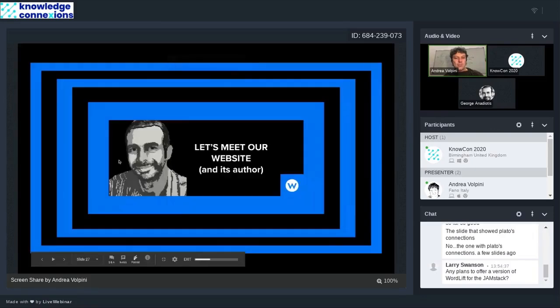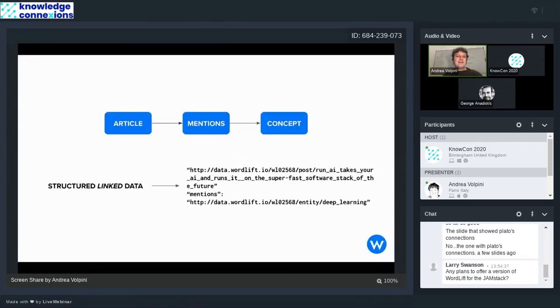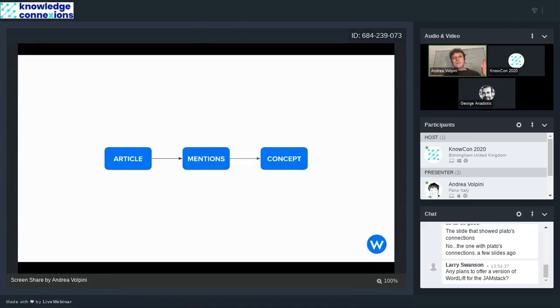So we have taken 73 articles from George's latest stories on ZDNet, and we have created this knowledge graph that is made of triples.